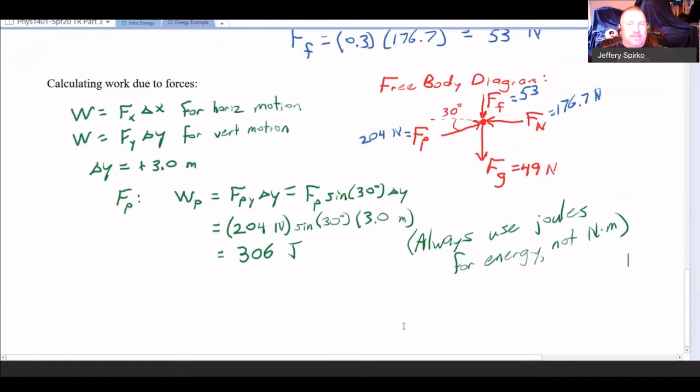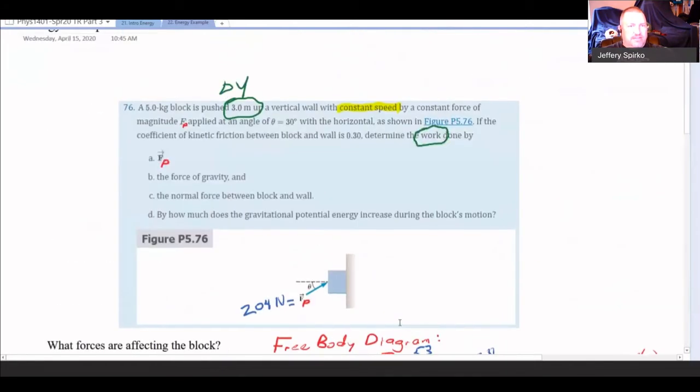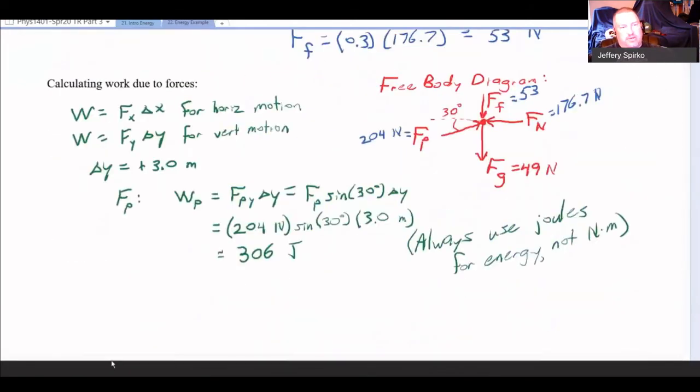What other forces do we have? It's the force of gravity. So we have the work due to gravity is the force of gravity, y component, delta y, and we know the y component is just minus the magnitude because it's a downward force, so the y component is negative.